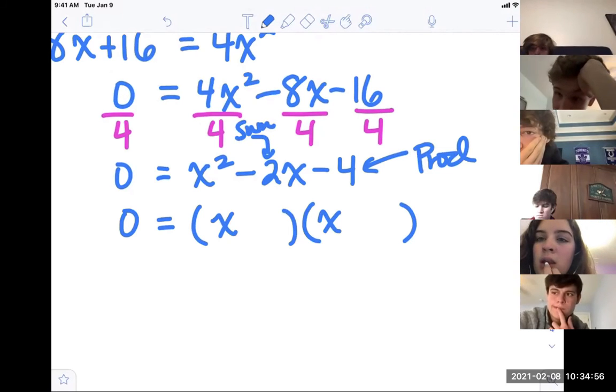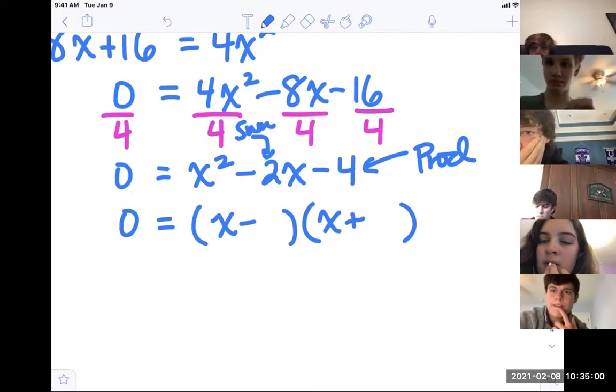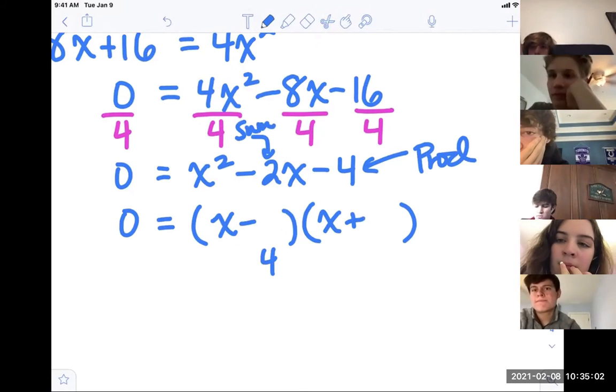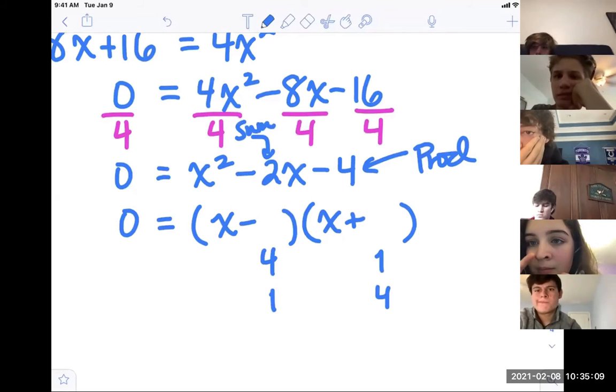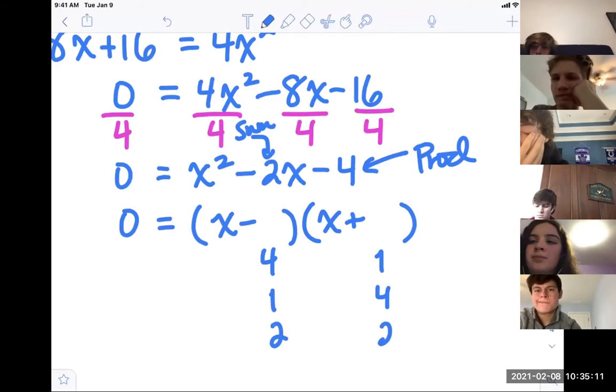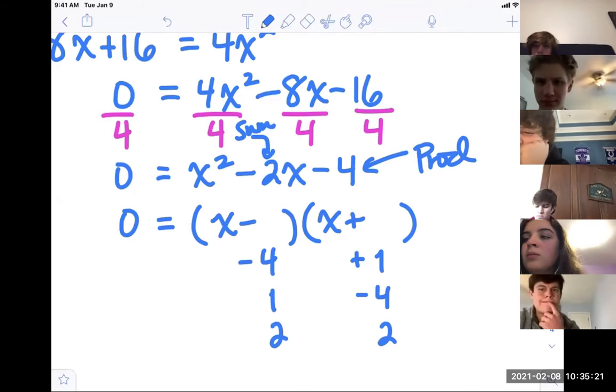To get a negative product, we would need 1 minus and 1 plus. Our options are 4 and 1, or 2 and 2. And none of those combinations are going to add to give us a negative 2, whether we put a negative here and a positive there or vice versa. Okay, so it's not factorable.